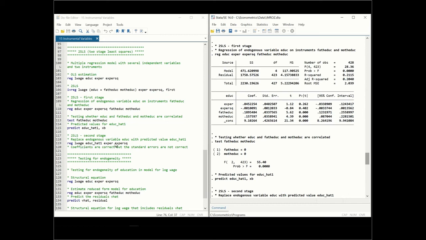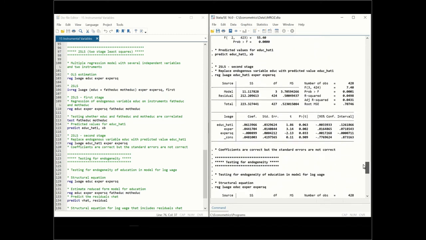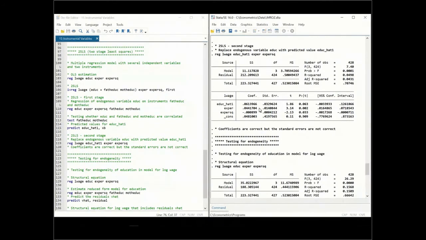And notice that everything else is the same as this regression here, only that education is replaced with this education hat 1, the predicted values from the first stage. And these are the results that we get here. Again, the coefficients are the same as we have before, but these standard errors need a little bit more correction before they're being reported.